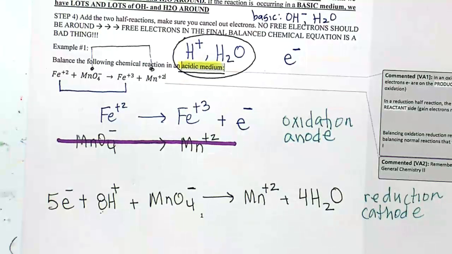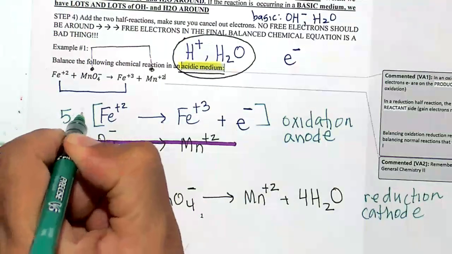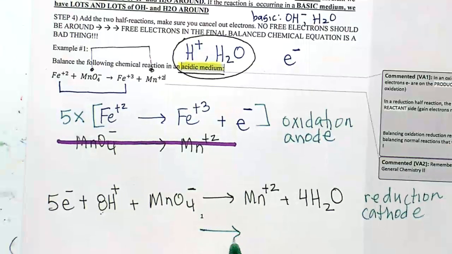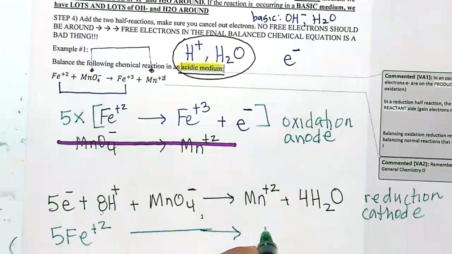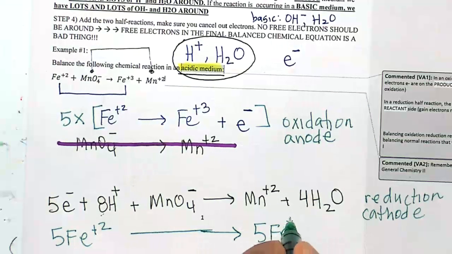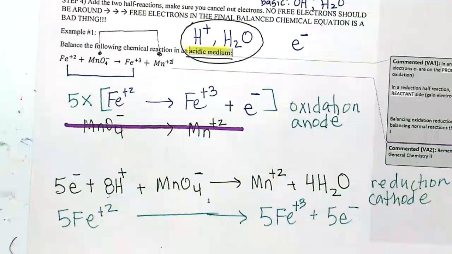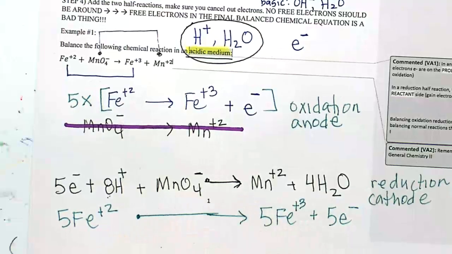The way we'll do that is I will take this top half reaction and multiply it by 5. When I do that, this is what I get: 5 Fe plus 2 goes to 5 Fe plus 3 plus 5 e minus.